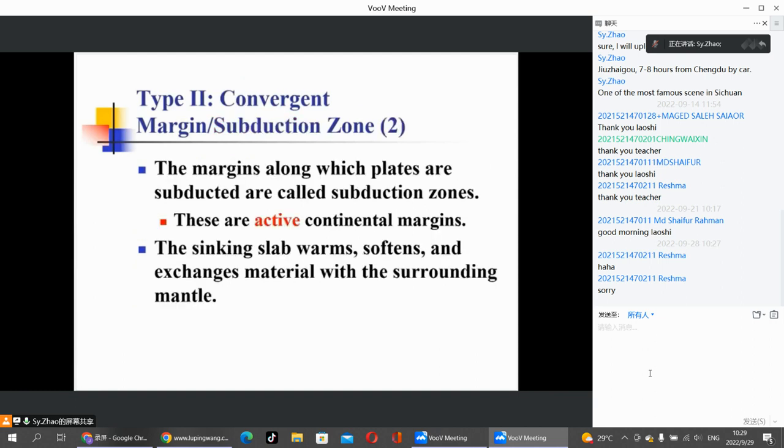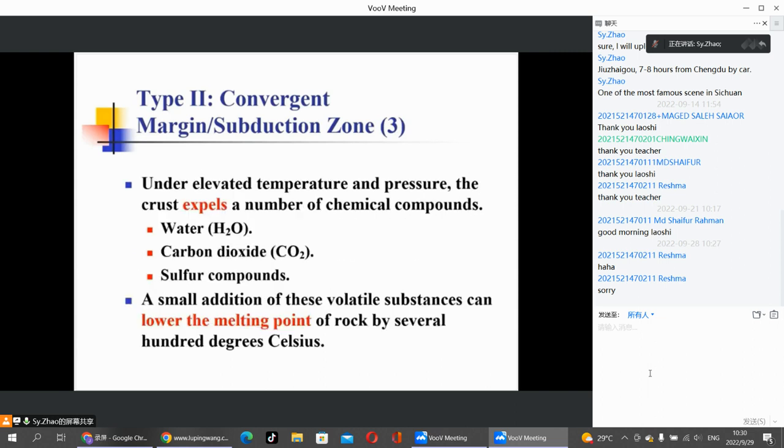The margins along which plates are subducted are called subduction zones, and these are active continental margins of the world. The sinking slab warms, softens, and exchanges material with the surrounding mantle.